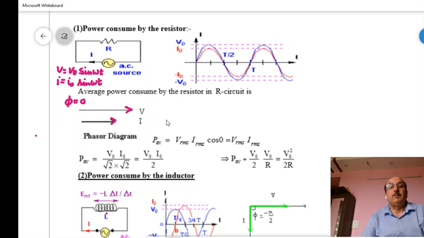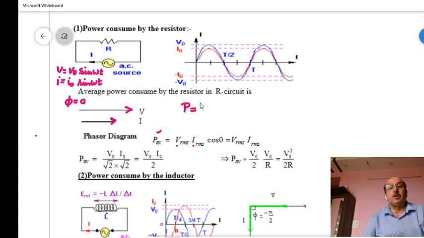And we know the average power is equal to Vrms into Irms into cos phi.